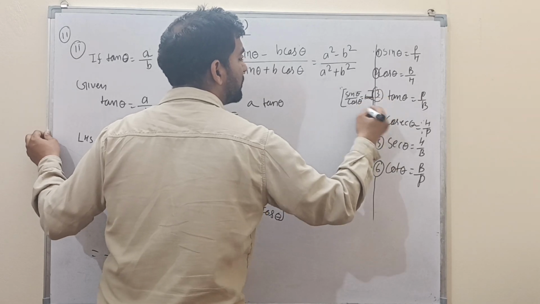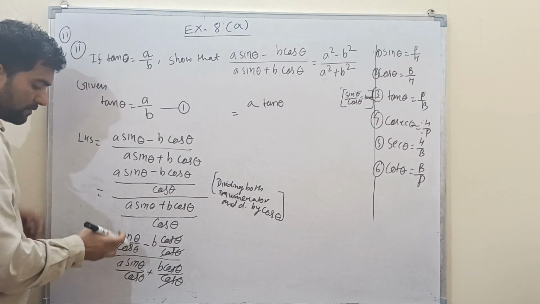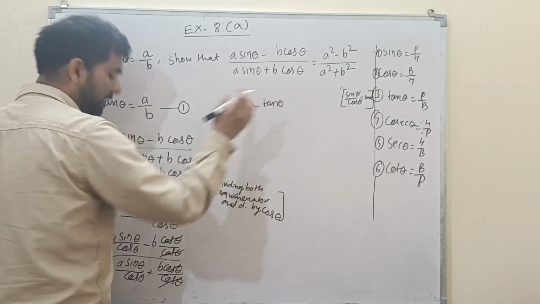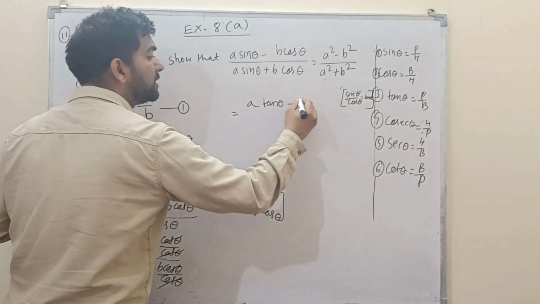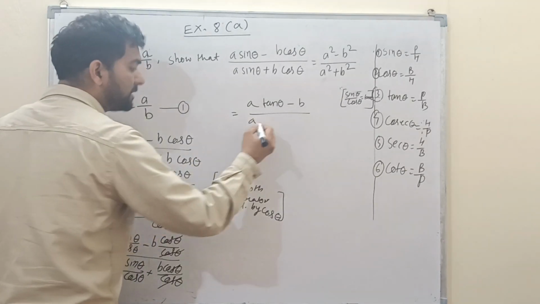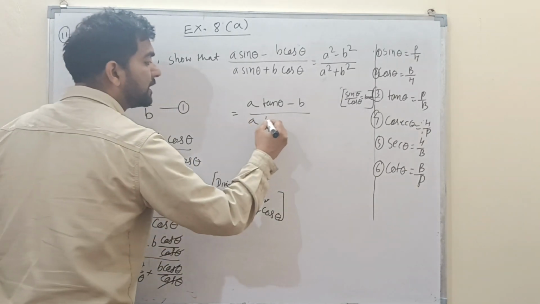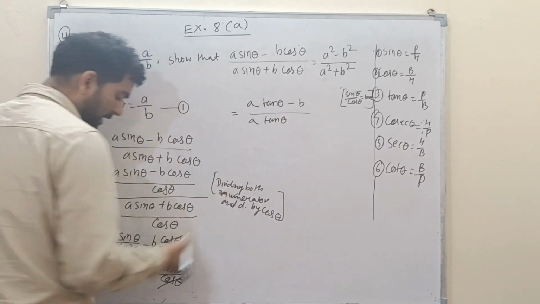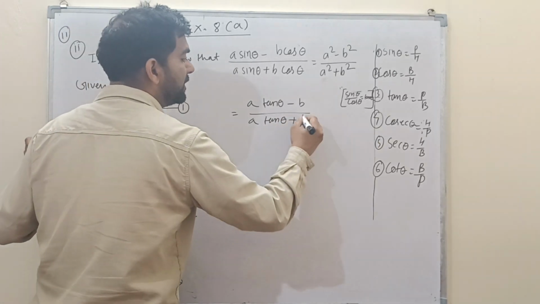This one is called the question formula. So we have sine theta by cos theta, I wrote it as tan theta. Minus will be minus, b will be b. Same thing here, a will be a, sine theta by cos theta I can write as tan theta. Then plus b will be b.